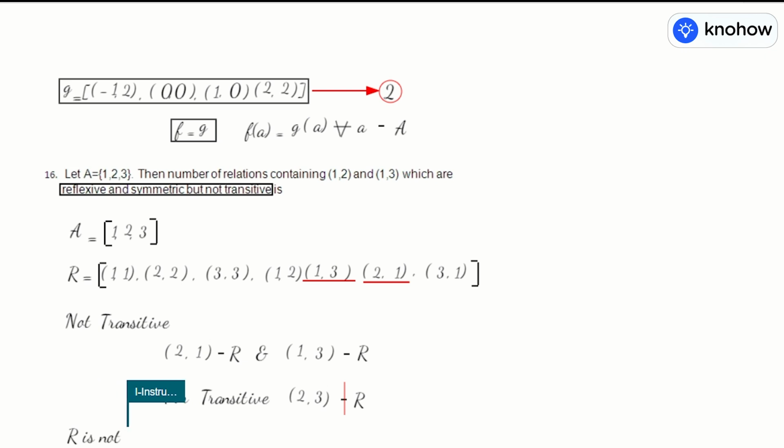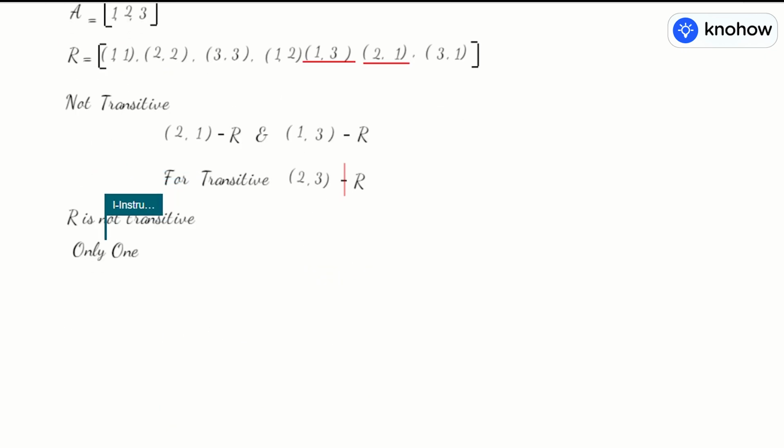And it can easily be seen that this is the only relation which is reflexive and symmetric but not transitive, containing the elements (1, 2) and (1, 3) on the set {1, 2, 3}. So there is only one possibility.